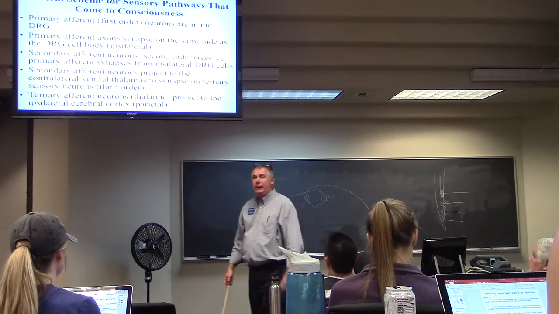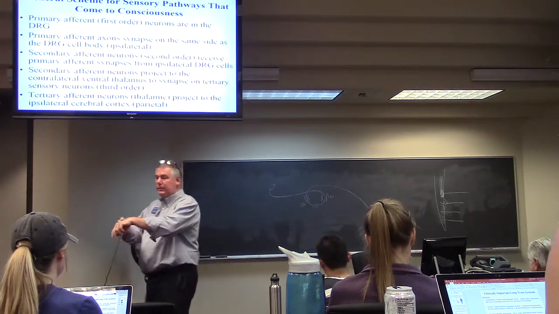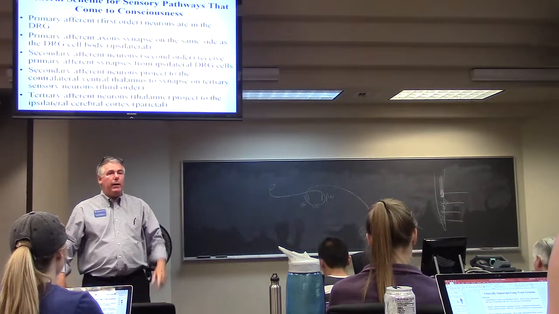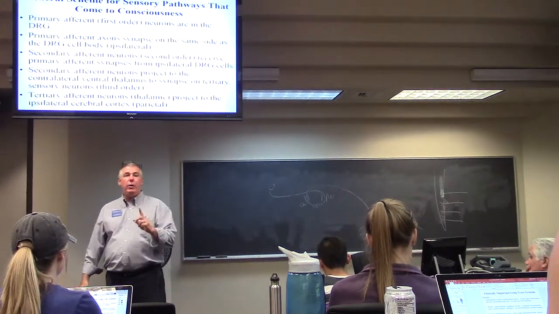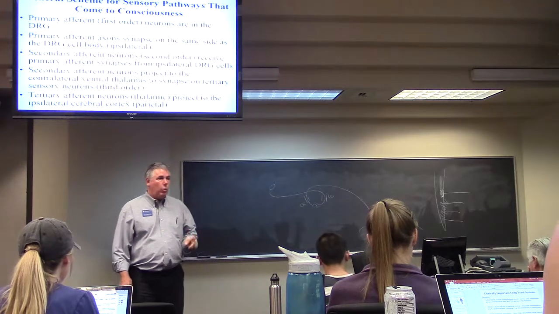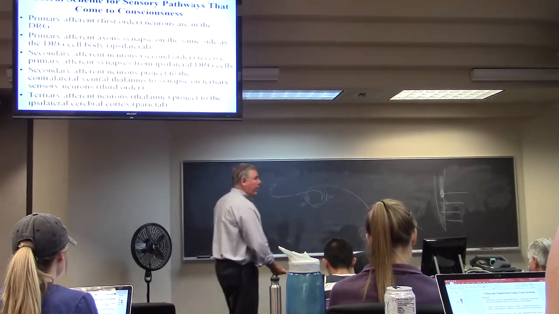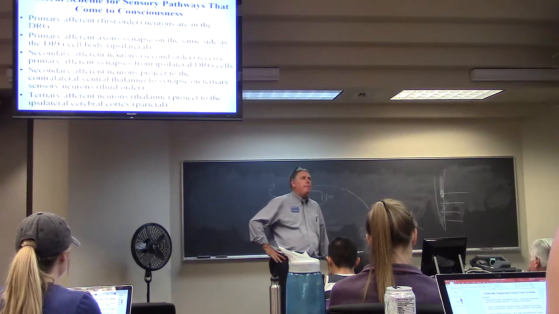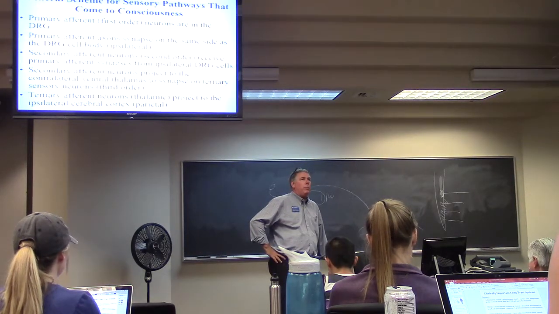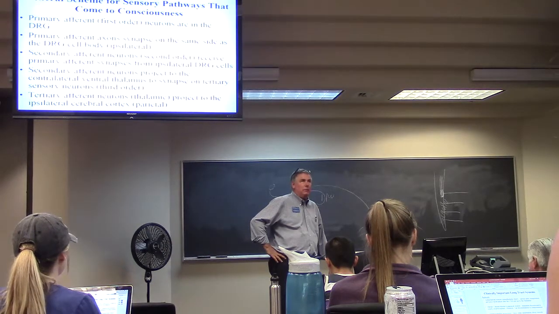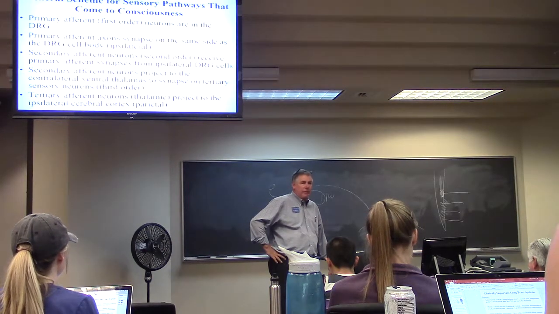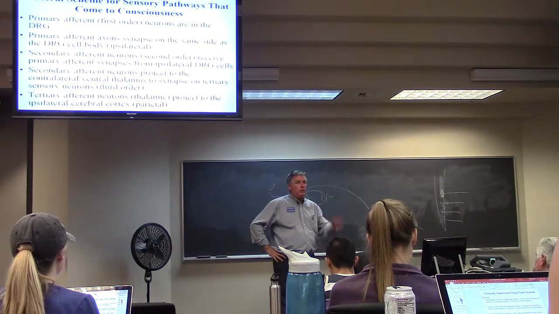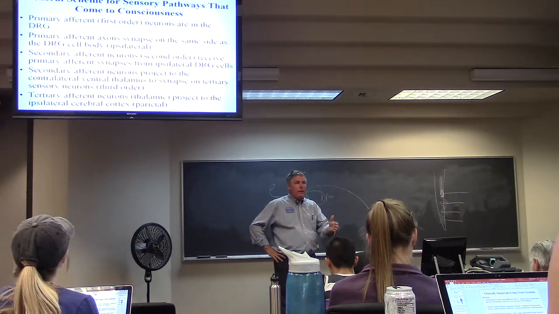Similarly, pain and temperature in the skin goes to the spinal cord. The sensory cell body, like you've already said, is in the DRG. The first order sensory neuron is always in the dorsal root ganglion. The primary afferent axons will synapse on the second order neuron on the same side in which they entered.